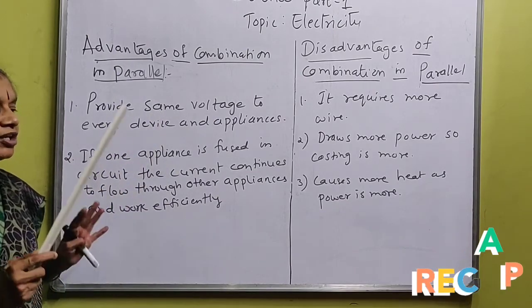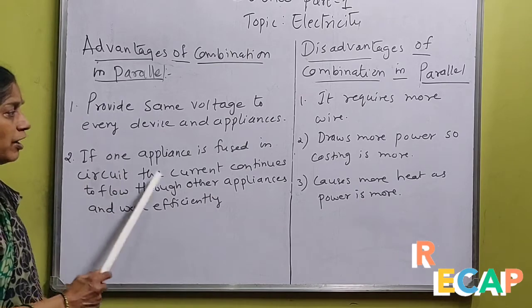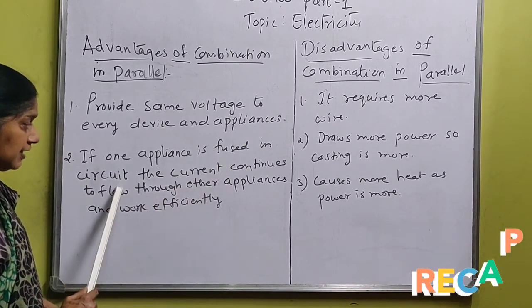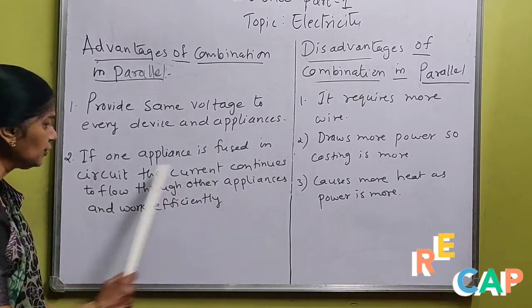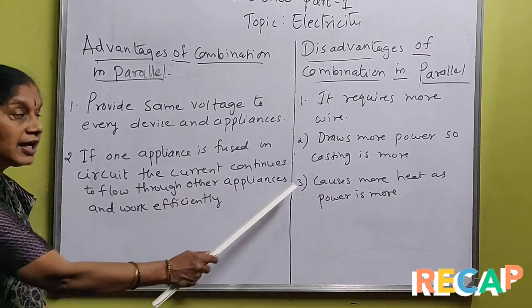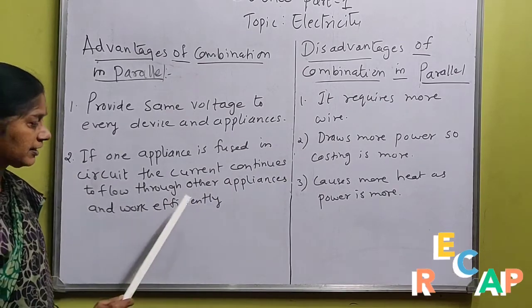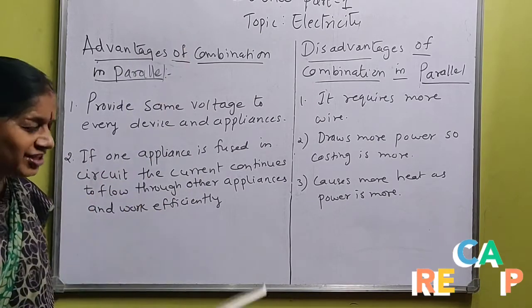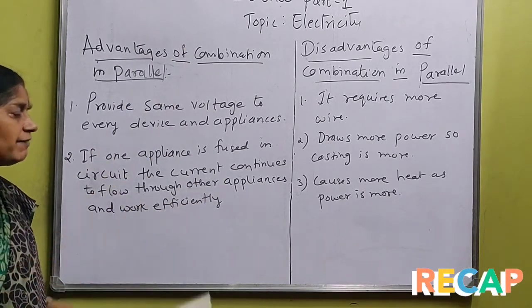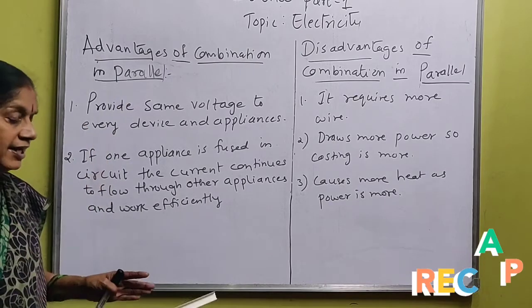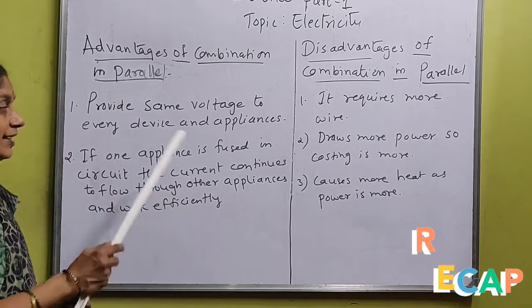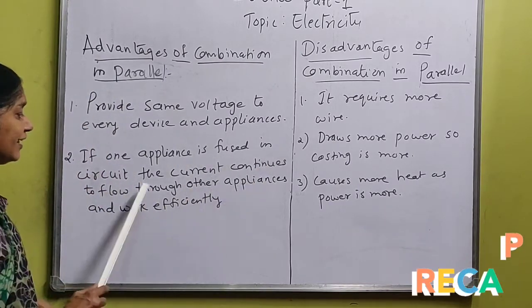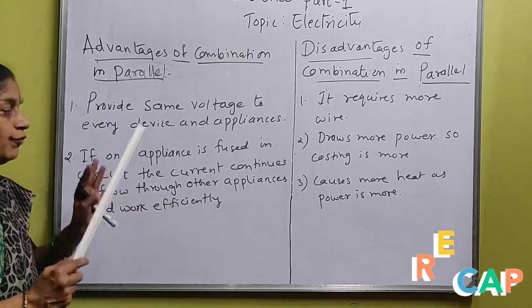The voltage does not change. If one appliance is fused in the circuit, the current continues to flow through the other appliances and they work efficiently. That means if, in a parallel combination, any one device or one resistor does not work, the current fails to flow through that one.